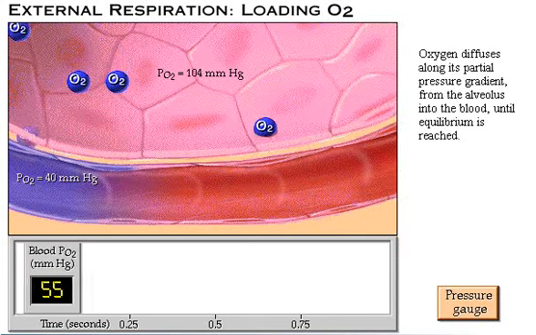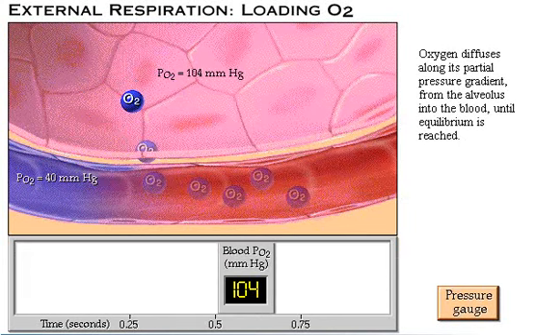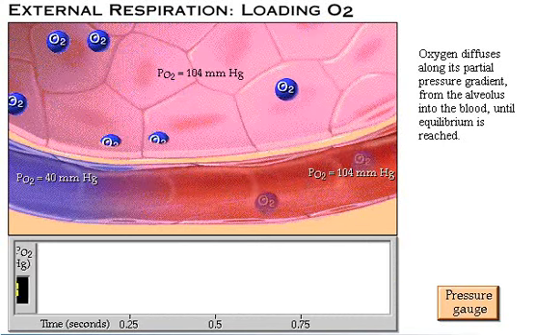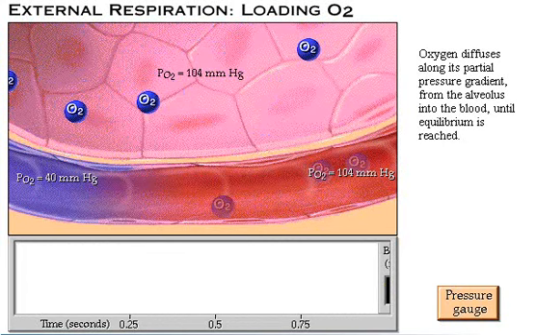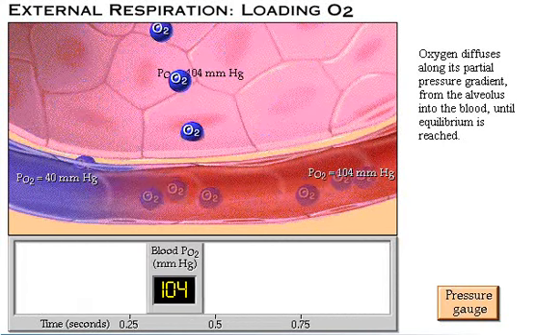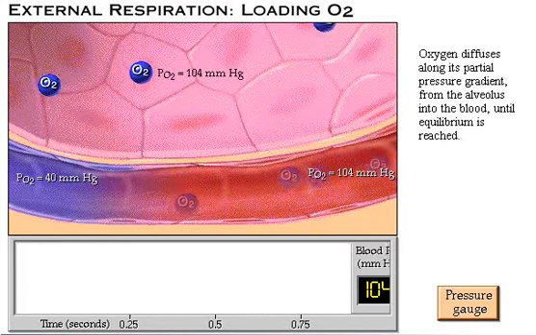Notice that there is a net diffusion of oxygen along its partial pressure gradient from the alveolus into the blood until equilibrium is reached. The PO2 of the oxygen-rich blood has increased to 104 millimeters of mercury.